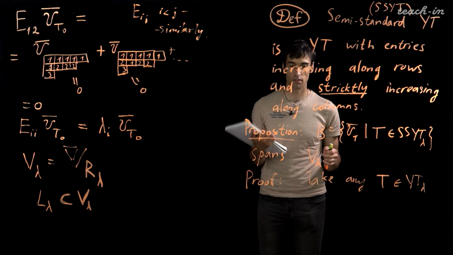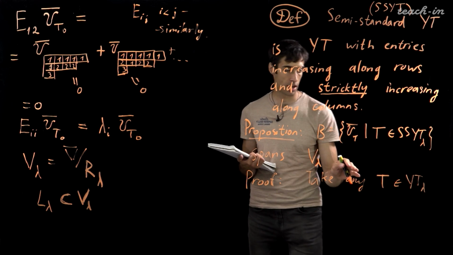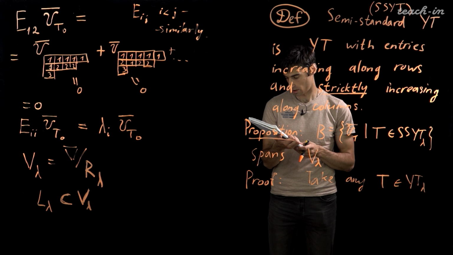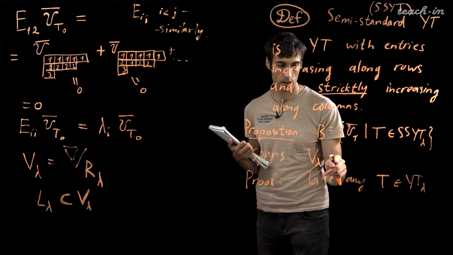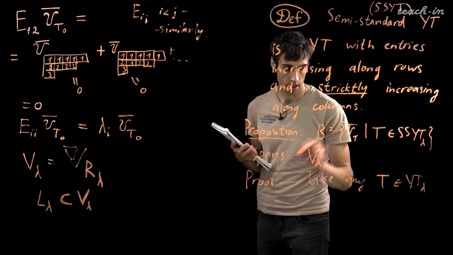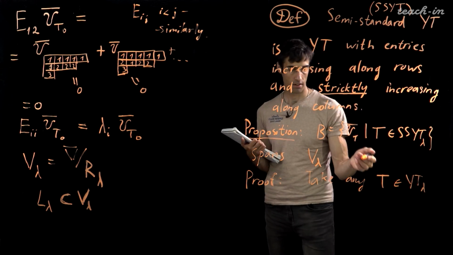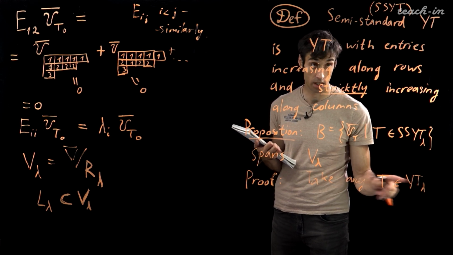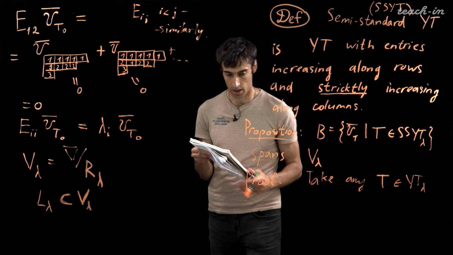So the idea is the following: we take v_T bar, sorry, with the bar, and try to write it down as a linear combination of v_S bar, where S only belong to semi-standard Young tableaux. Okay, so how to do that?